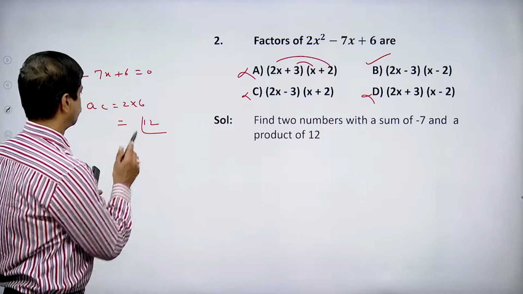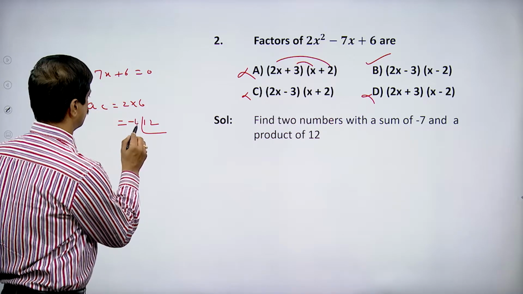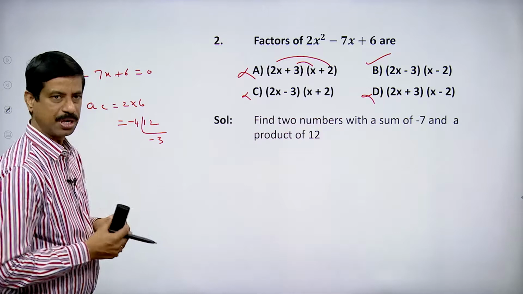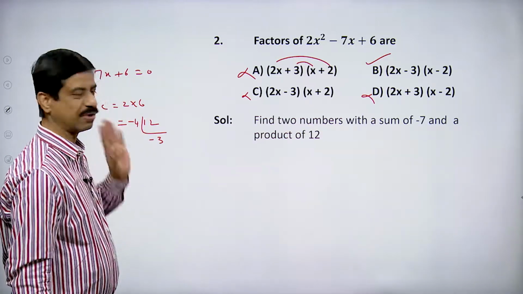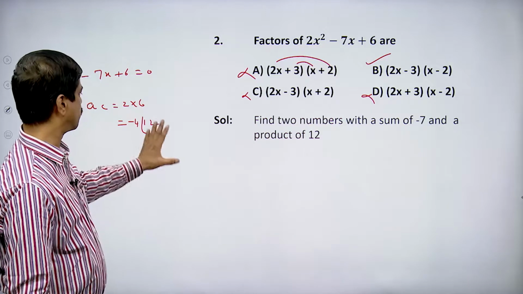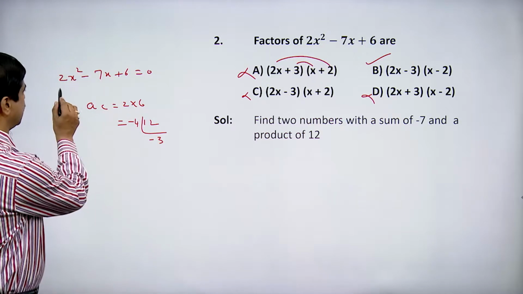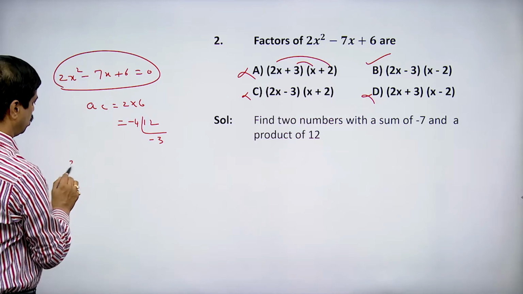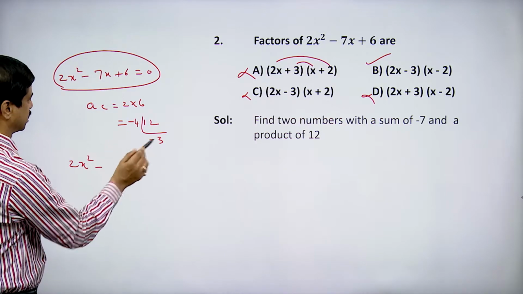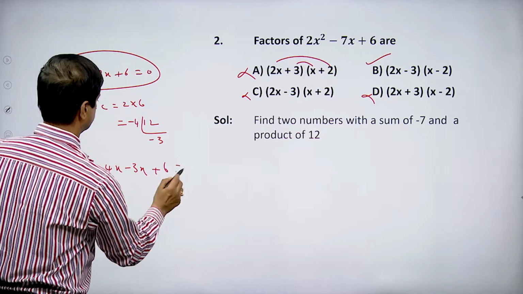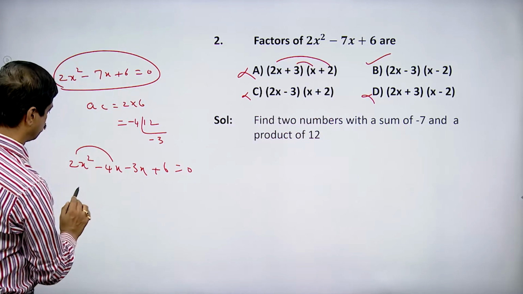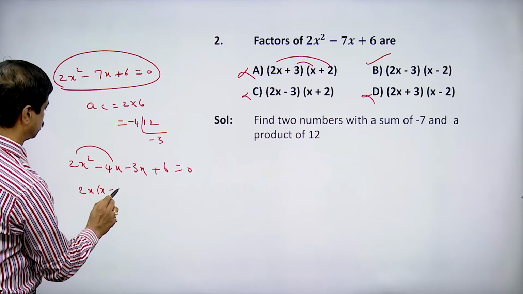Okay. So 12 can be written as minus 4 into minus 3. Negative into negative is positive, 4 into 3 is 12. So you got positive 12. So I will rewrite this as 2x square minus 4x minus 3x plus 6 equal to 0. Between these two I will take 2x common, you will get x minus 2.